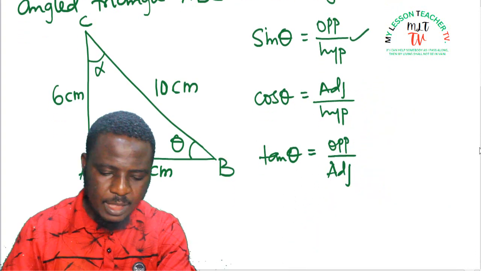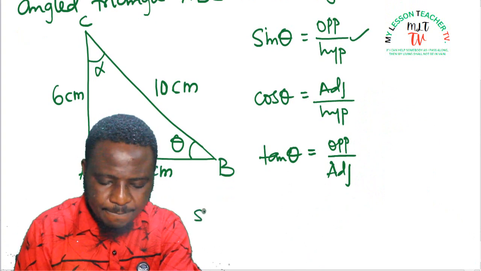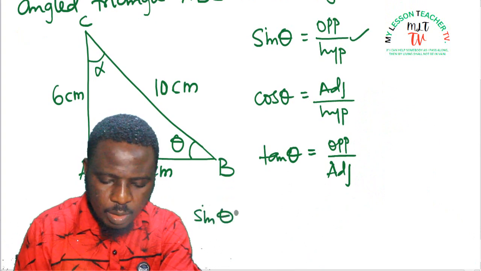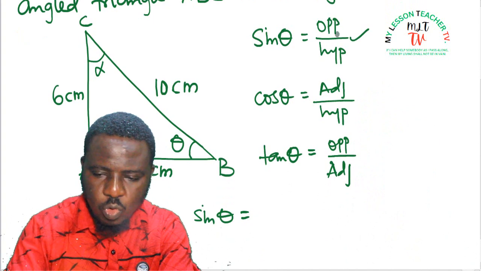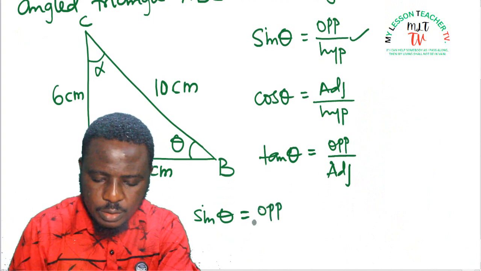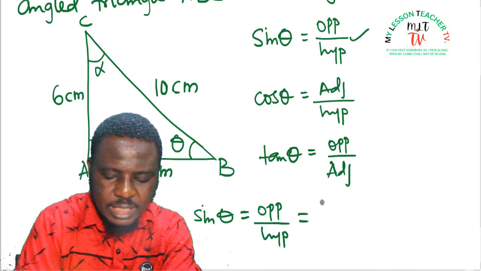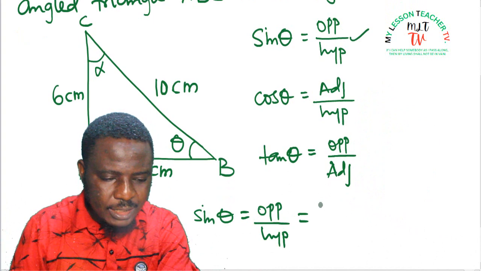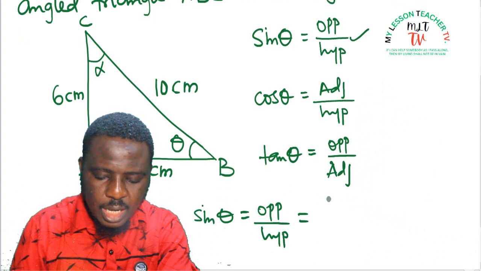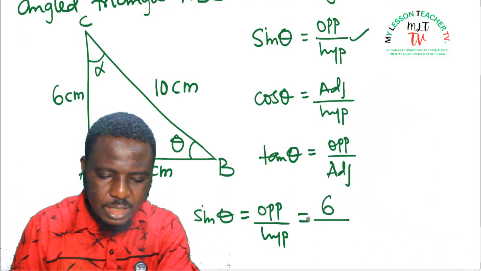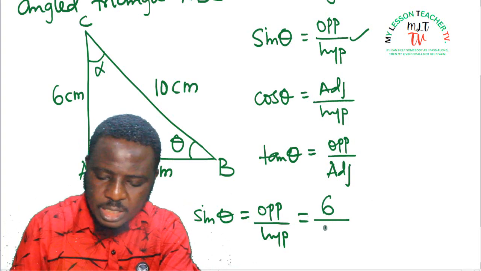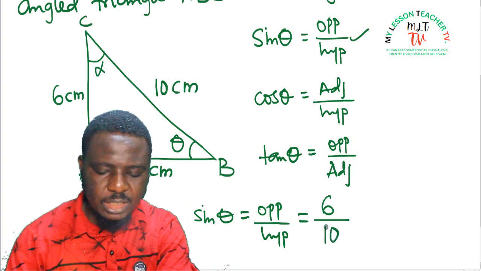So I have it that sine theta is equal to opposite over hypotenuse, and with relation to the angle theta, 6 cm or side AC is the opposite side. So this is 6 divided by the hypotenuse side, which measures 10 centimeters.